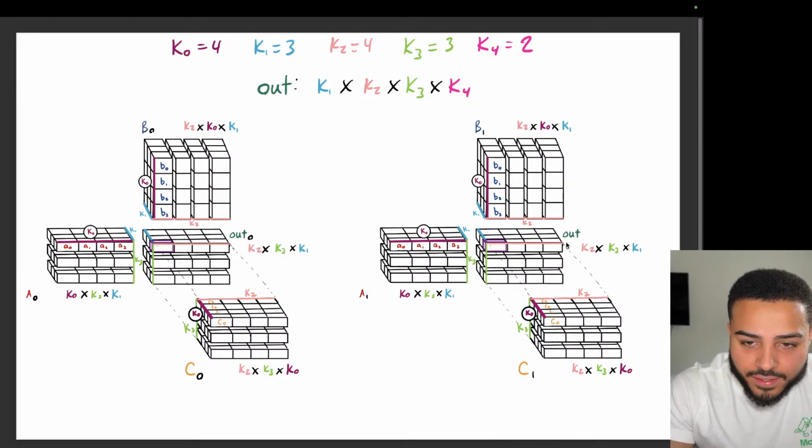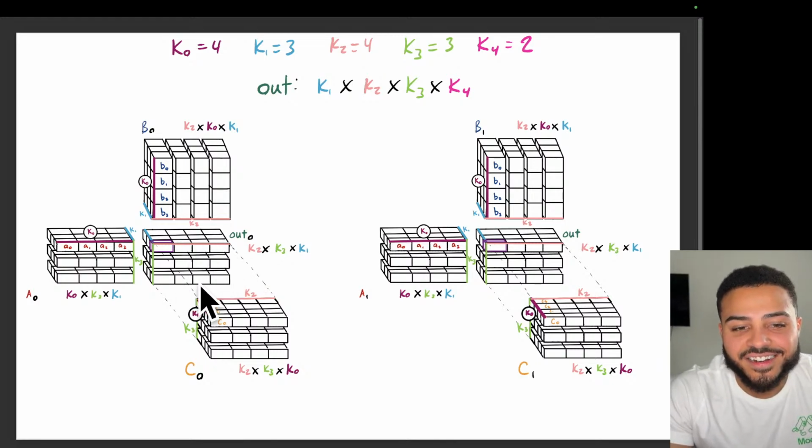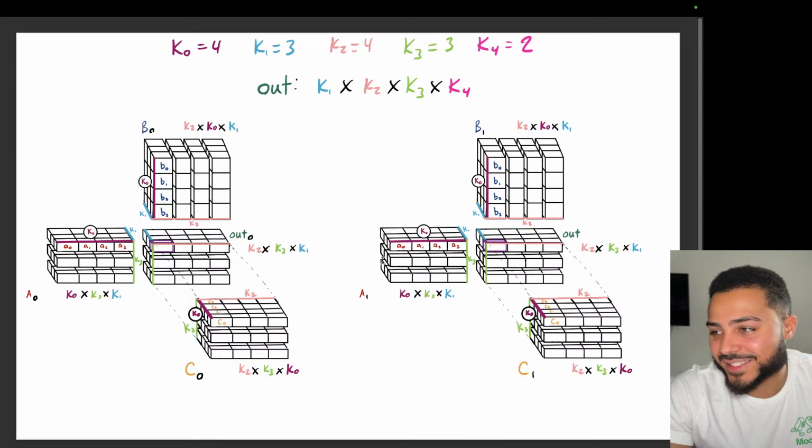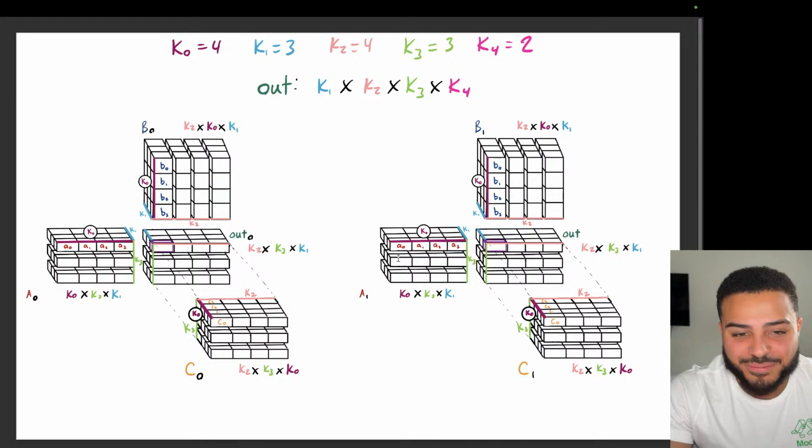This output tensor is part of this output tensor. It's just that this is when k equals, if the k's start at 1, this is the size of this dimension. So I messed this up a little bit, but I think it should make sense.